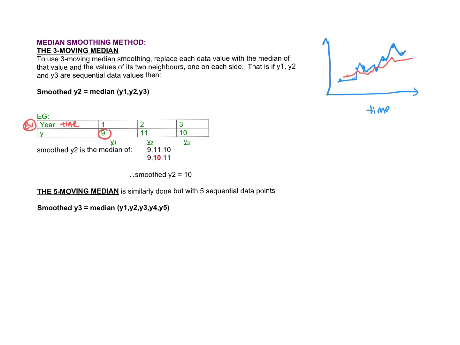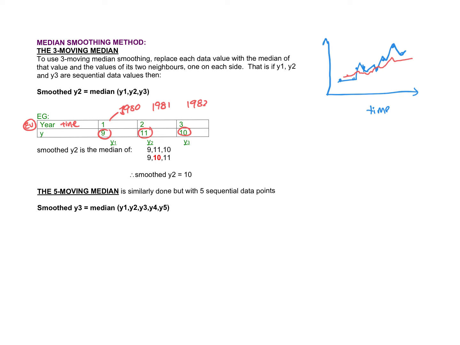So you have three values here, and say this was year. Say it was 1980, I'm just making this up, 1981 and 1982. So there were 3 years, okay? And whatever they're recording. When you're doing median smoothing, you take the three numbers and you get the median of those numbers.